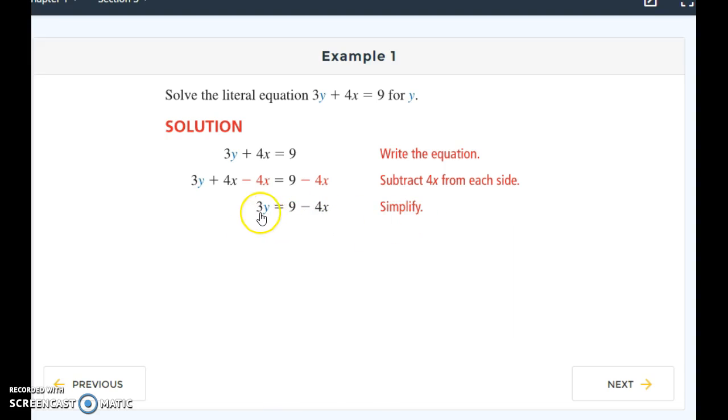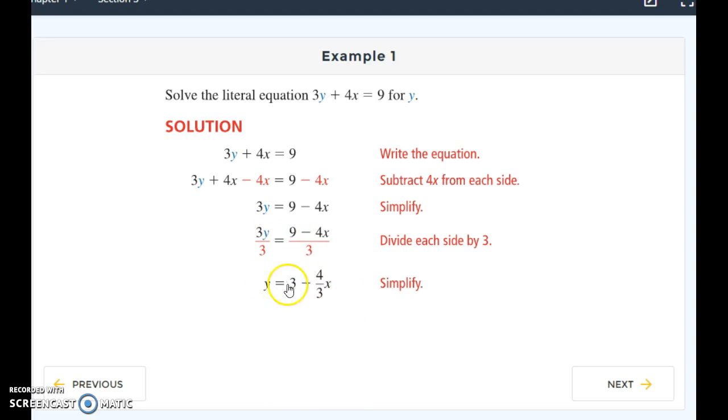Now I see that I have 3 times y, so I need to undo that. I divide each side by 3 to get that y by itself, and then I can further simplify. 3 divided by 3 with the y was 1. I know that 9 divided by 3 is 3. And 4 divided by 3 is not a pretty number, so I just leave it as 4/3.